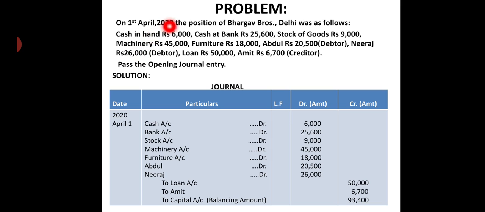So this much items come under our asset, and loan of rupees 50,000 and Amit, who is one of our creditors, these two items are our liability.